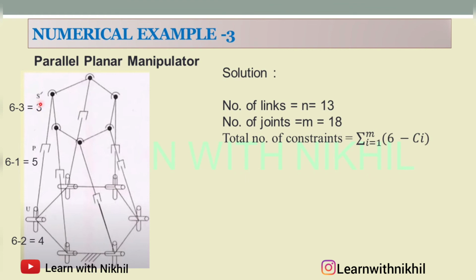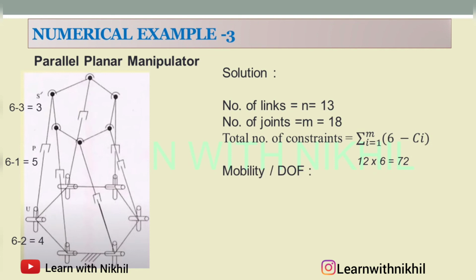So it will have 3 constraints. So in one line it is 4 plus 5 plus 3, that gives us 12 constraints in one line, and in total we have 6 lines. So 12 into 6 will give us 72. So the total number of constraints in this whole will be 72.